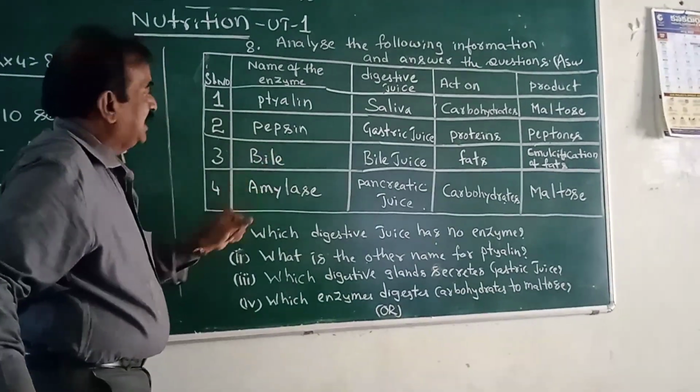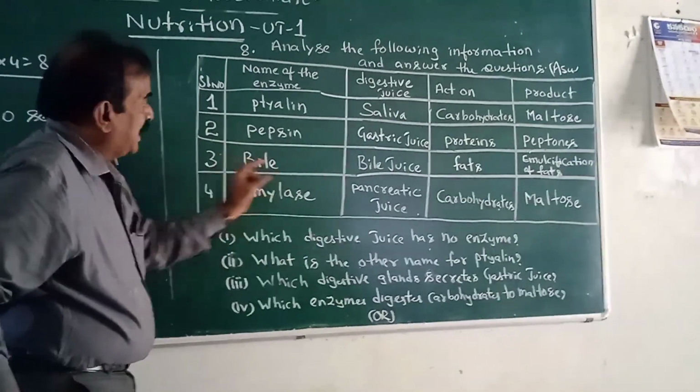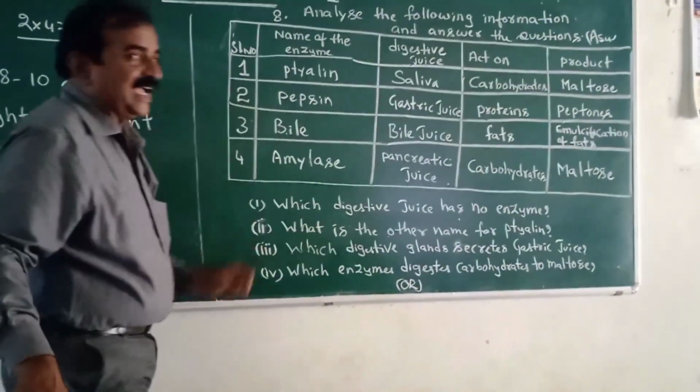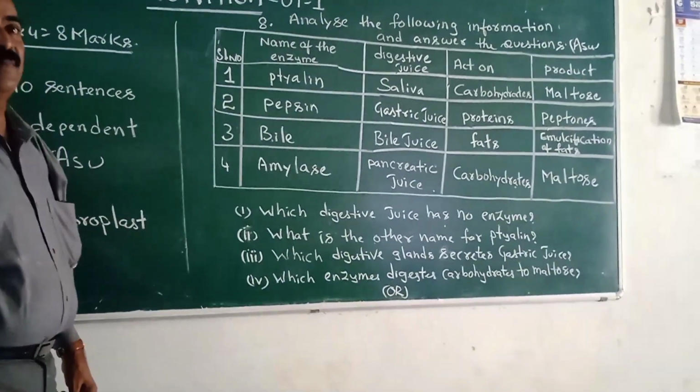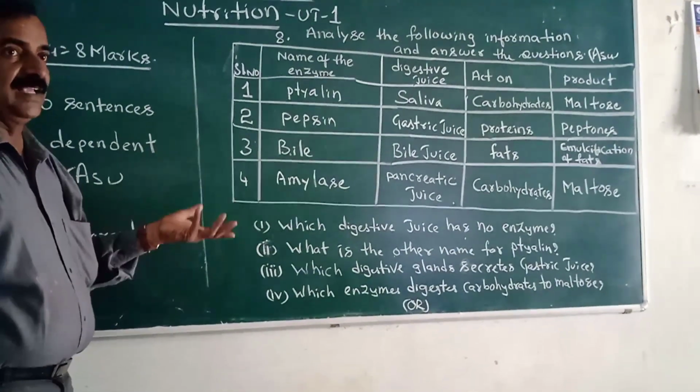Actually, bile is not an enzyme. It is a juice which has no enzyme. Next, what is the other name of ptyalin? Amylase. Ptyalin enzyme is also called amylase.